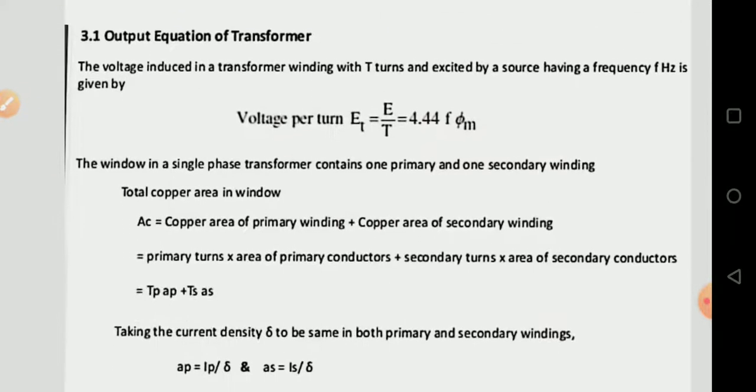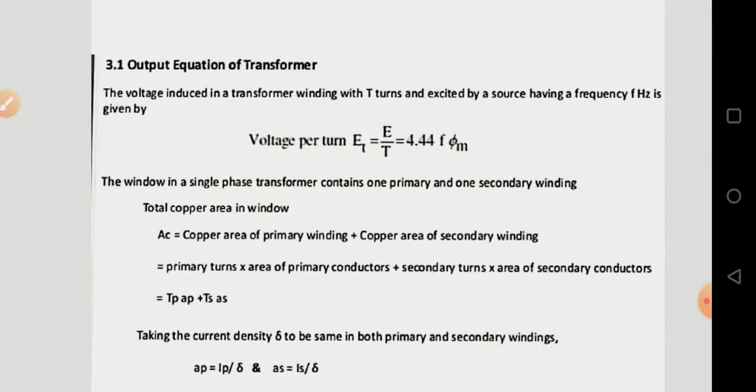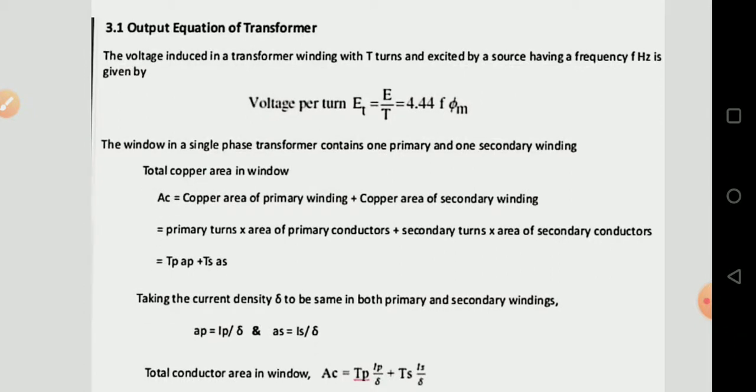Now the output equation of the transformer. The voltage induced in the transformer winding with T turns and excited by a source having frequency F is given by voltage per turn, E upon T, equal to 4.44 f phi m.